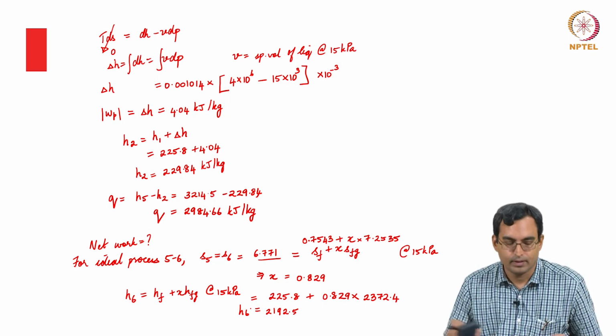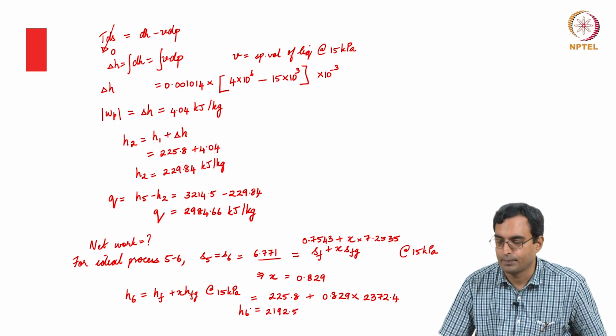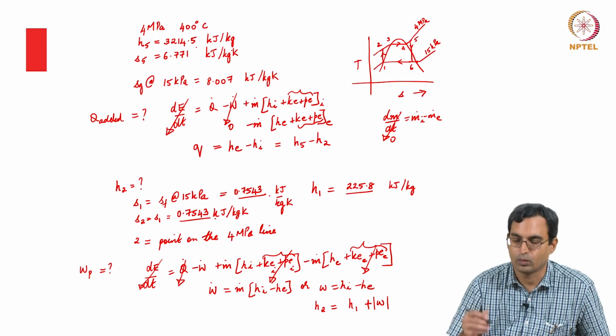So, in the ideal process, the work done is the difference between the enthalpy at the inlet and the enthalpy at the outlet. Enthalpy at the inlet is H5, 3214.5.